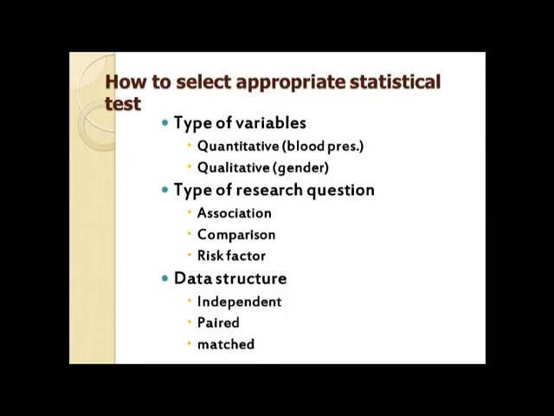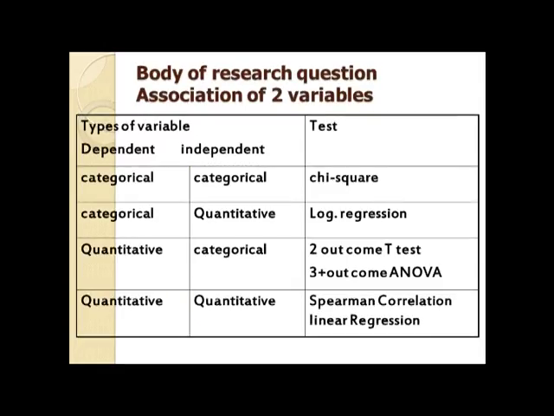Categorical is gender or maybe level of education or grade of a disease or staging of cancer. All this will come under qualitative or categorical. Next thing which is important is what is the type of research question, whether you are trying to study association between a risk factor and a disease, in which case you can understand that the type of variables you have are dependent as well as independent, or you are trying to compare two groups.